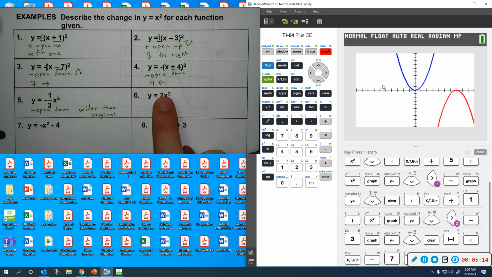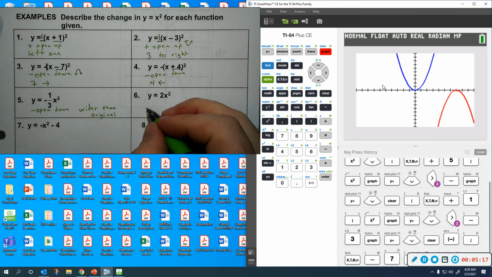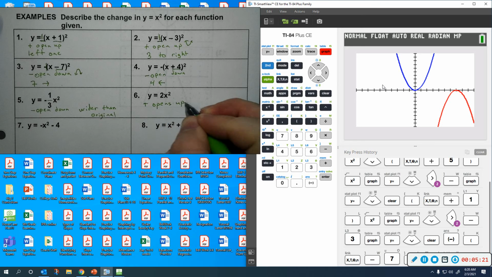Two x squared, this time it's positive, so it opens up. And since we have a coefficient bigger than 1, this is going to be narrower than original.